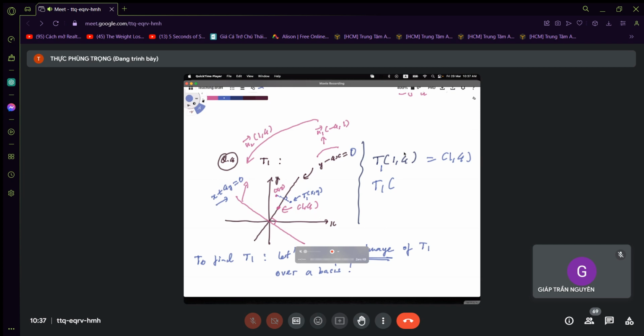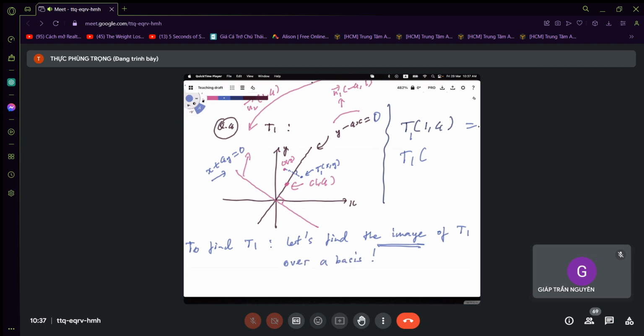So what I'm doing is I try to find an image of a basis over T1. This is the first vector we had in the basis, and I already got the image. I need one more. So I can consider this line, which we say is perpendicular to the line 1 minus 4x. Now I may consider (4, minus 1), which is, of course, on the line right here, because when I consider 4 for x and minus 1 for y, I get 0.